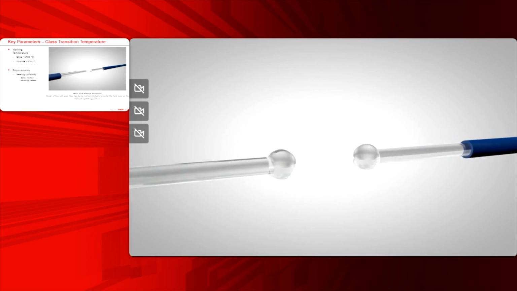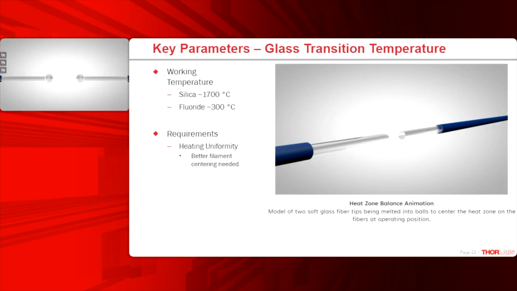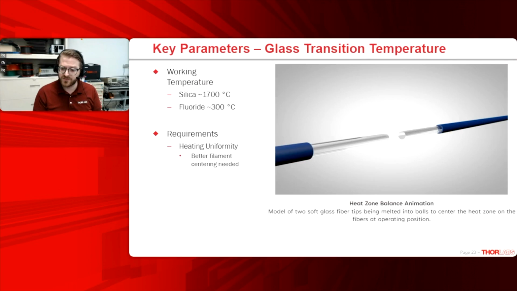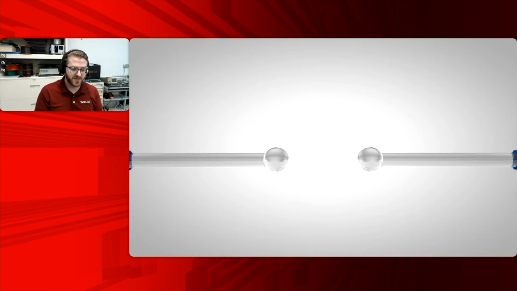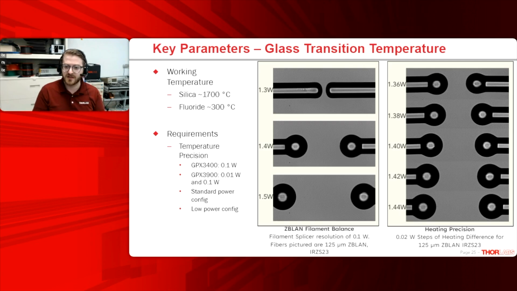And then you can look at the melt back distance that each of those moved, as well as the diameter of that ball, to determine whether your heat needs to be a little more towards the left or towards the right. So I actually have some real images of what balance looks like. This is using a GPX 3900.